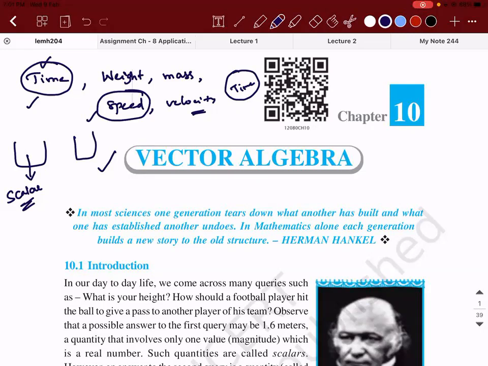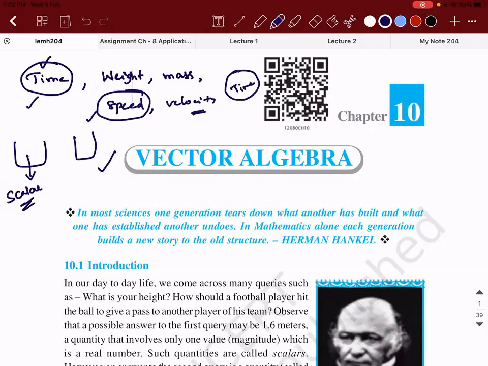Whereas there are certain quantities for which there will be magnitude, that is a number associated with it. Along with that number, you will tell the direction also. Okay, for example, if somebody asks you velocity, right? Velocity is a technical name. What is the velocity of the car? Velocity and speed have a minor difference, stating that you say velocity of the car is the same 40 kilometers per hour, but in northeast direction. You have to mention the direction when you are reporting the concept of velocity to someone.